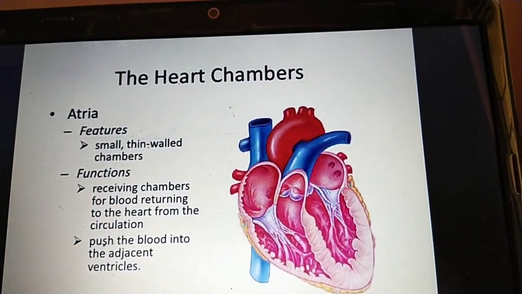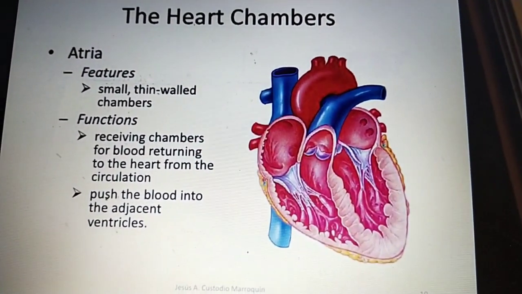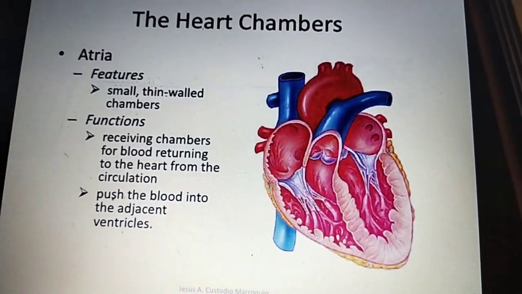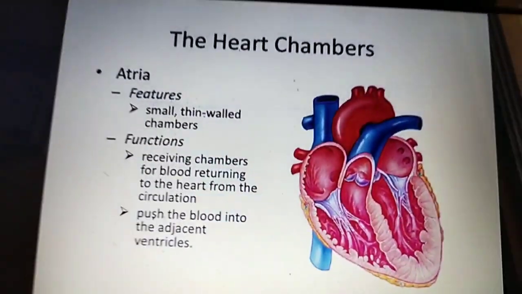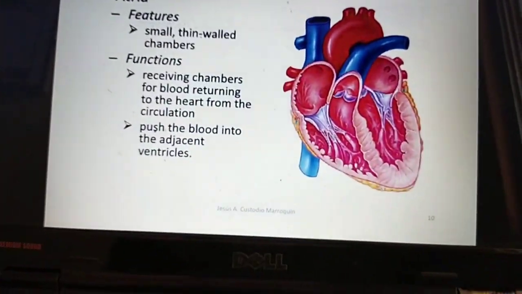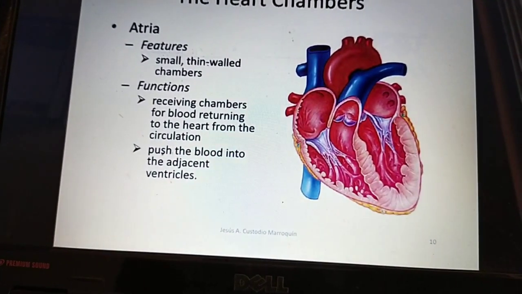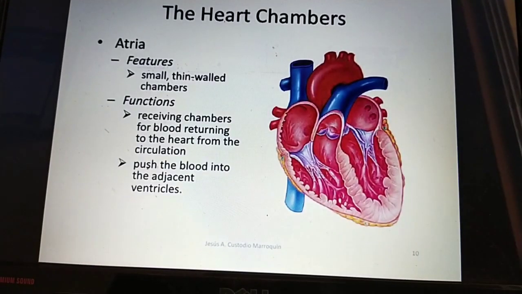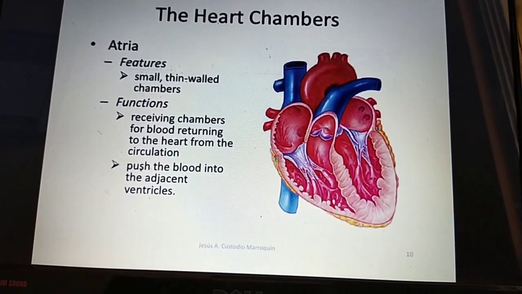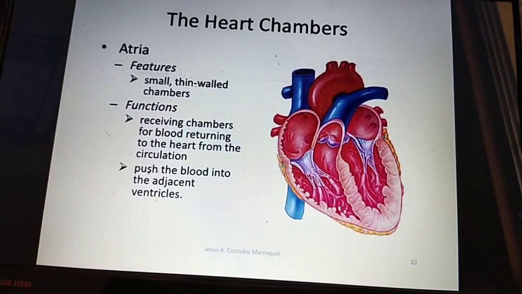In the heart chambers, now we can go for the atria. We already know the meaning of the atria. Atria means an open roofed entrance hall, or any chamber that connects to other chambers or passages of the cavity.